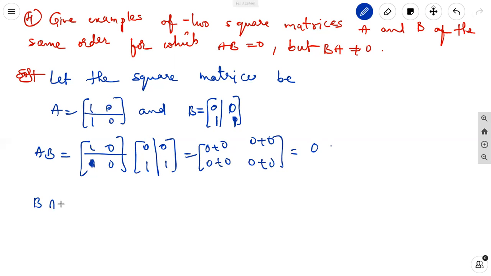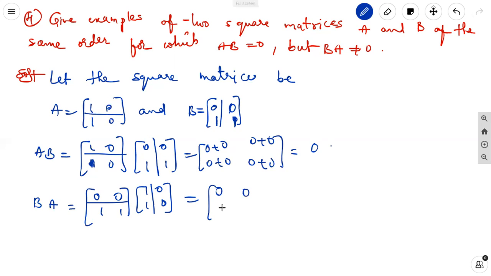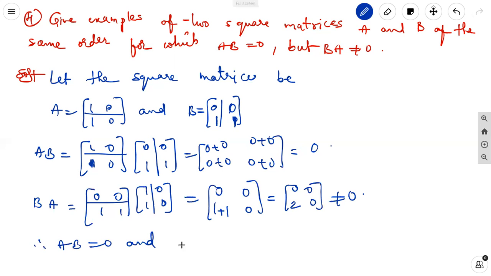Next BA: B is [0 0; 1 1], A is [1 0; 1 0]. Product of this is 0, 0, 1 and 1 are 1, 1 and 1 are 1, next it is 0, so it is [0 0; 2 0]. This is not equal to 0. Therefore, AB equal to 0 and BA is not equal to 0.